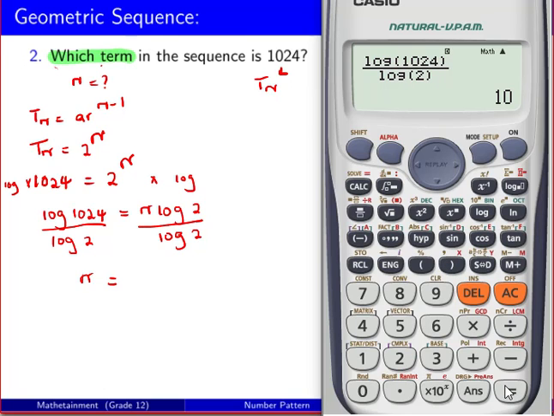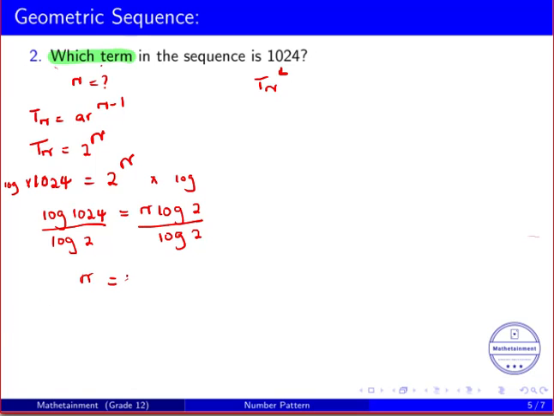My answer is 10. So this is my solution for this problem.